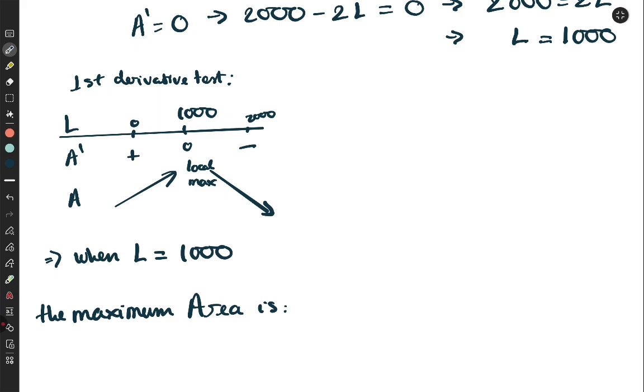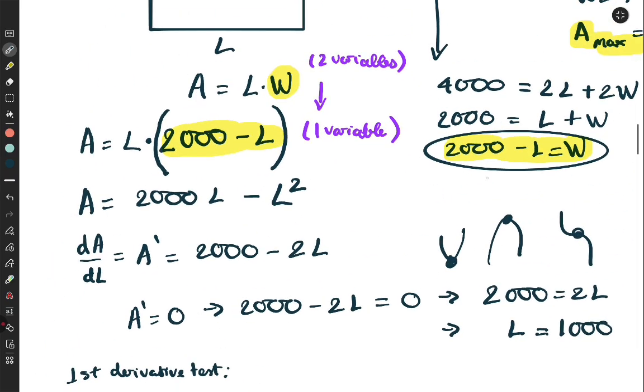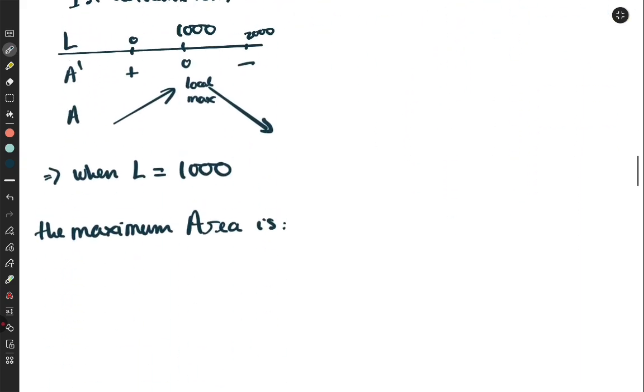Why is that? You only have the length. To find the area, you need two things, length and width. You have length right now. Where's the width? How do you find the width? Right here. The width, 2,000 minus 1,000. 1,000.